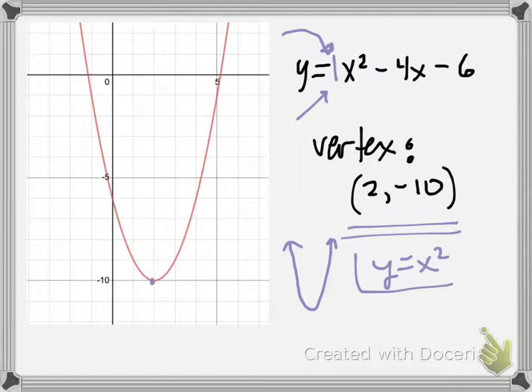When you go out 1, you go up 1 to get to the next point. Out 2, up 4. That's the same shape as y equals x squared. So if you know how to find the vertex, negative b over 2a, to get your x value, plug that in, get the y value, you'll have your vertex point, and then if the a is 1, you'll know what the general shape is.